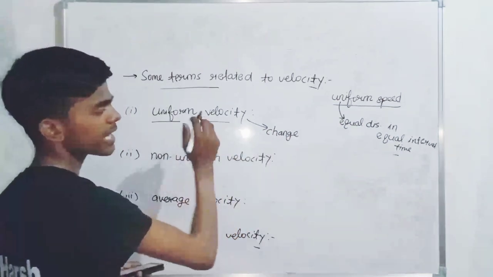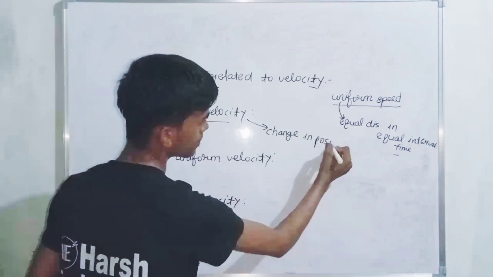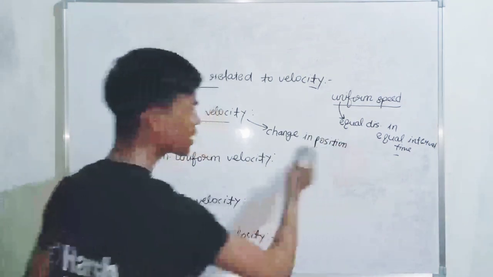So uniform velocity can be said as the change in position, where the position is changing equally.